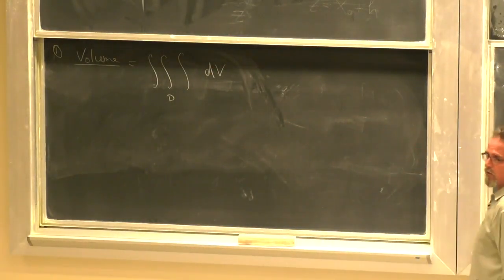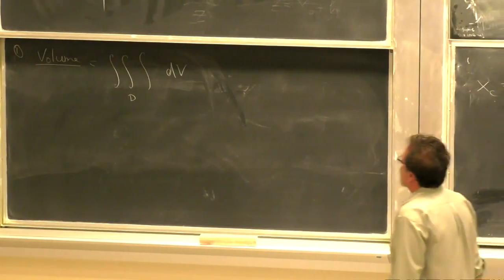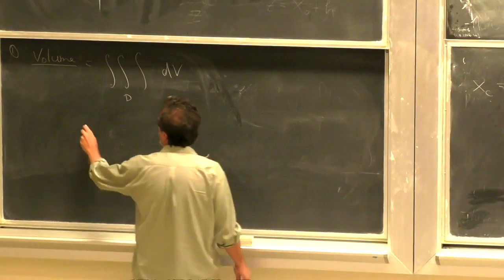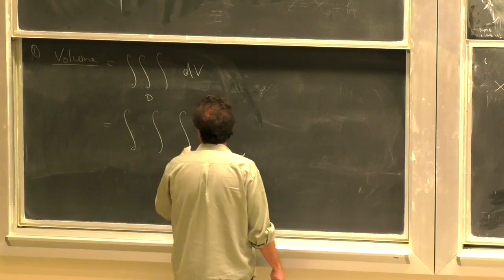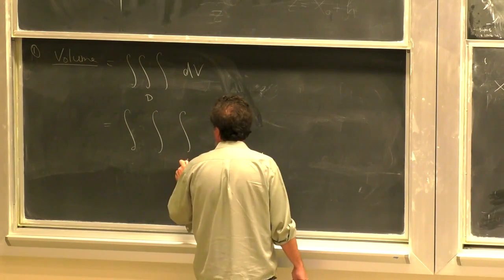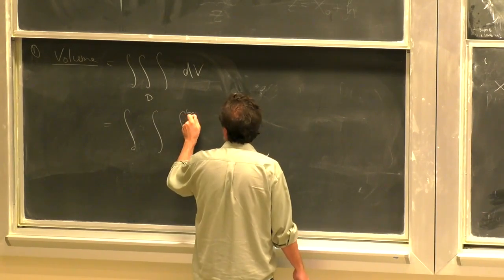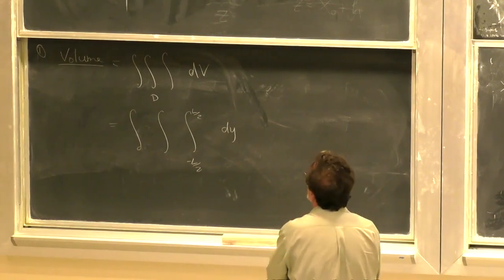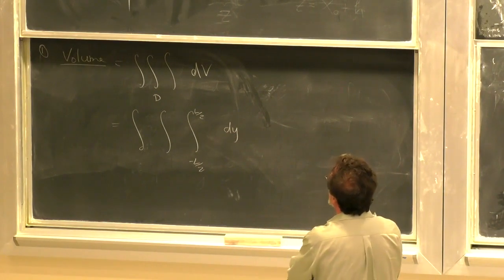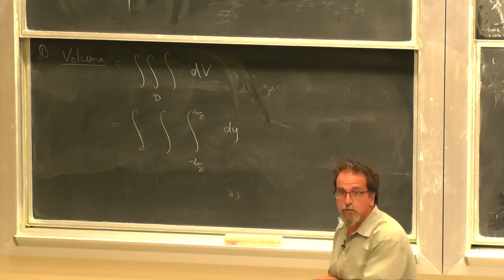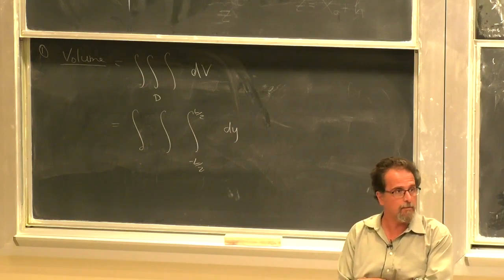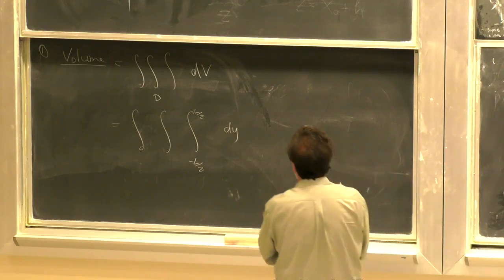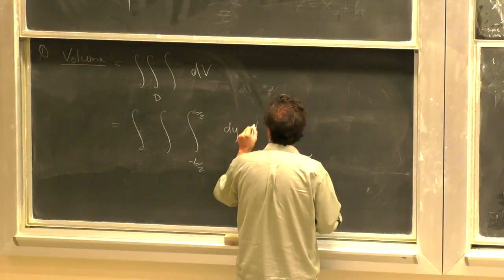Well, I am actually going to do the y integration first, and y is going to go from negative L over 2 to L over 2, and I'll do that dy. And then which integration should I do next? I think I will do the x integration next, and then the z integration.